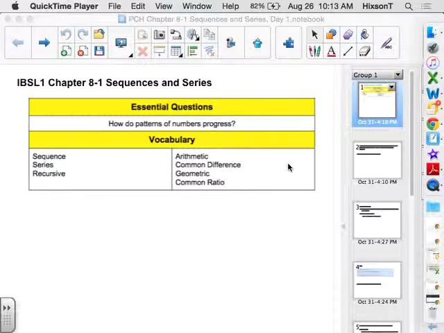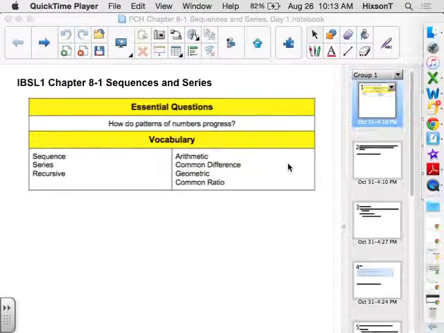We have a number of vocabulary words here, and when I list things as vocabulary, these aren't necessarily the only vocabulary that you need to know, but they're the most significant ones that you really have to understand well. As we go forward, keep that in mind.